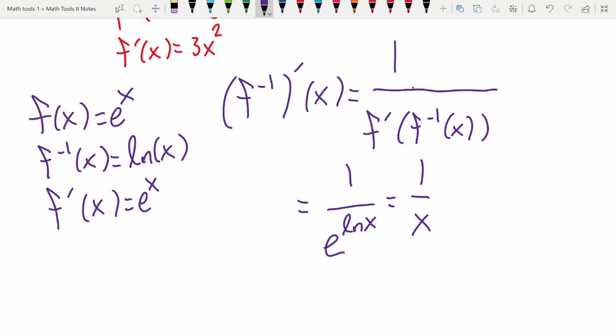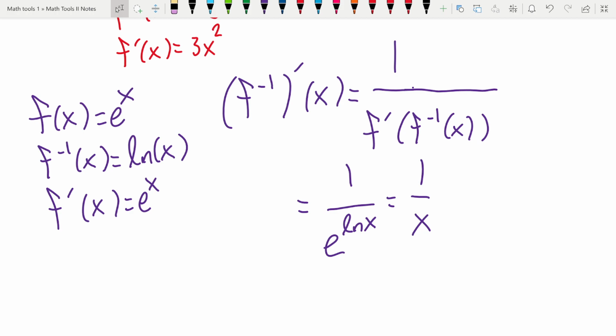Okay. So a more natural proof, or not more natural, but just an alternative proof that doesn't rely on the implicit differentiation. Okay. And you could do the same thing with natural log of x. Like you could start with natural log of x and then prove the derivative of e to the x is e to the x, right?